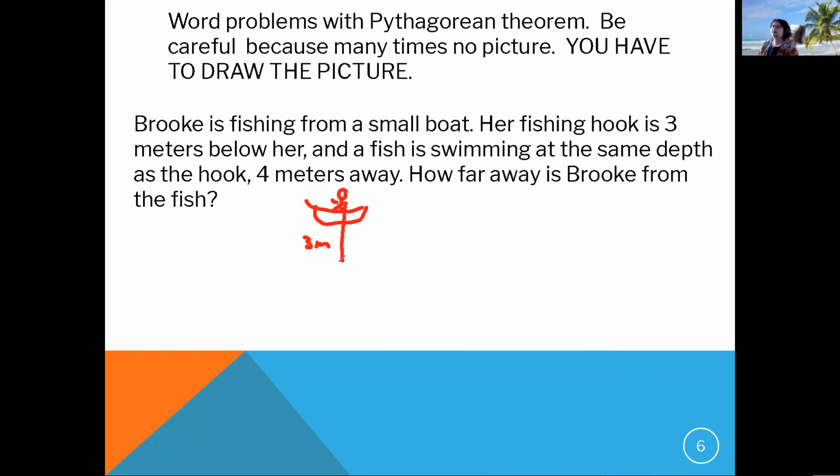So that means it's 3 down, so it's straight over because it said at the same depth, meaning the same distance down. A little fish. Let's see if I can draw a little fish. Here's my fish, right? Boy, I'm such a great artist. Aren't you glad you have me as a math teacher? And this is 4 meters.